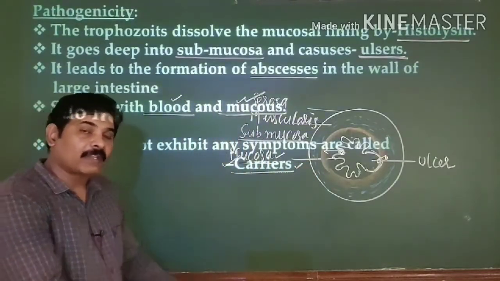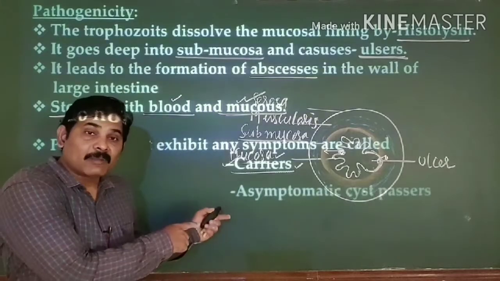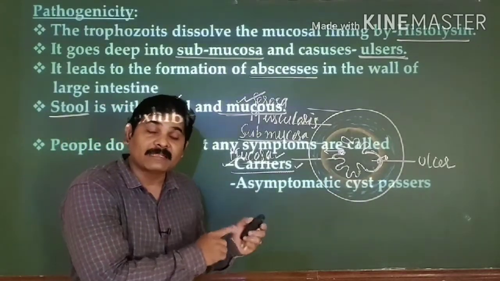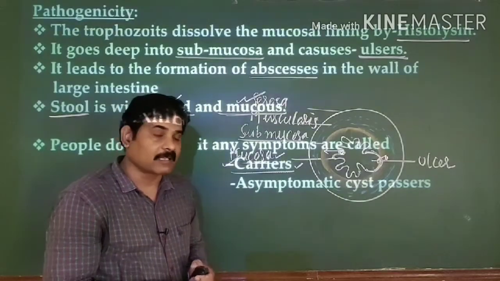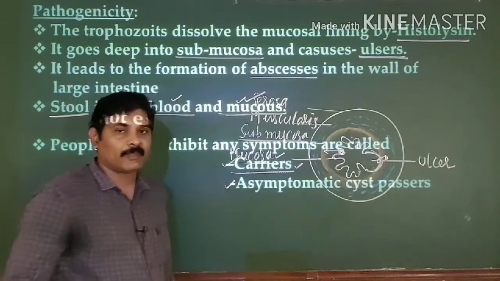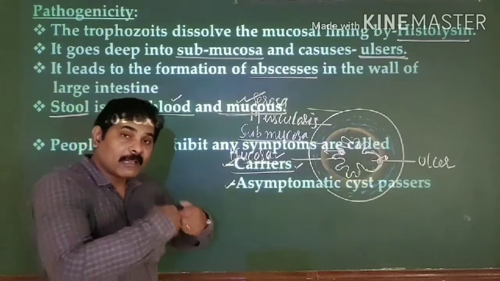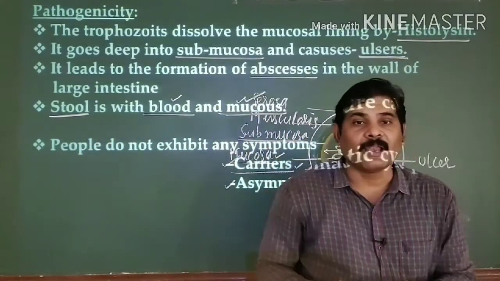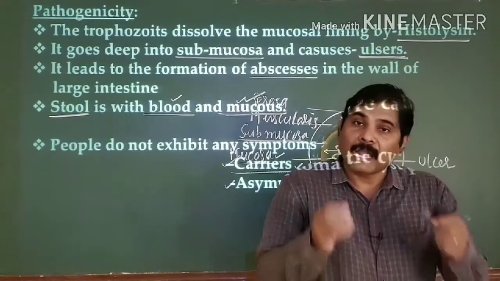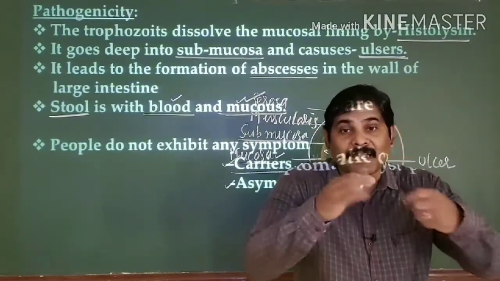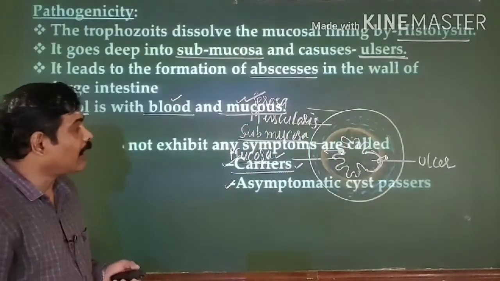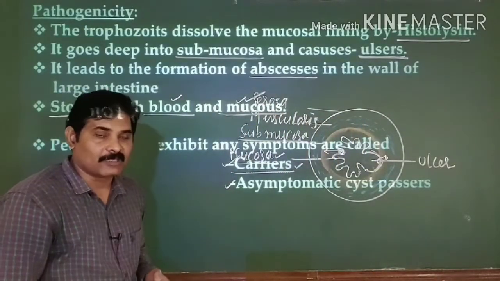They have another name also, asymptomatic cyst passers. Clear? But they release the tetranucleated cyst into the soil along with their fecal matter, and they take part in spreading of the disease. This is an important thing, right? So this is all about the pathogenic conditions.